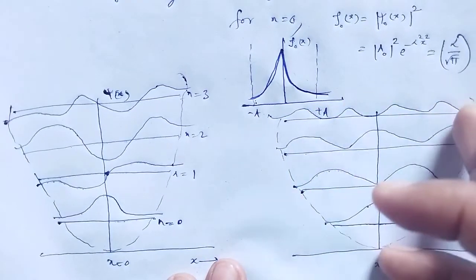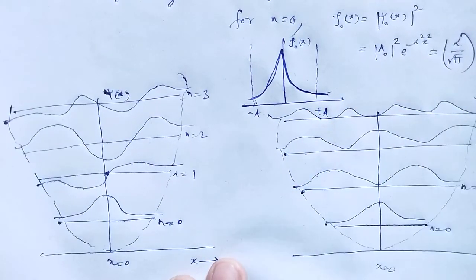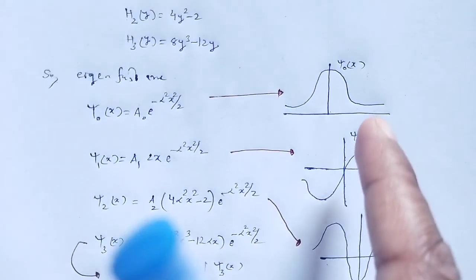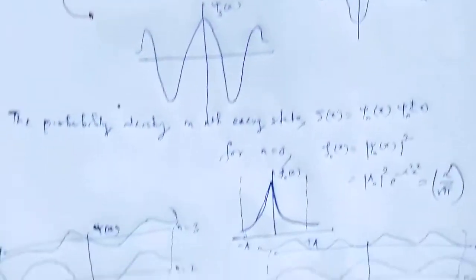This is the probability density, that means the probability of finding the particle in the given region. These are the graphical representations for the linear harmonic oscillator in quantum mechanics.